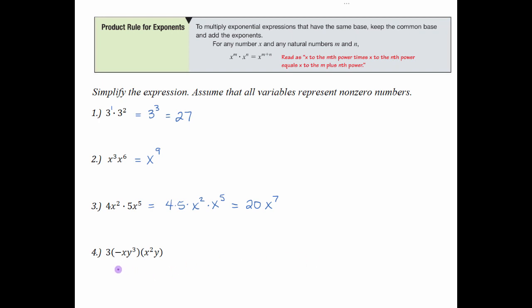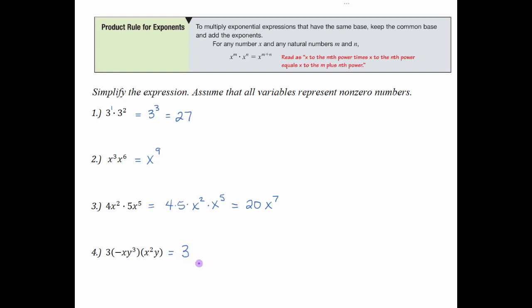In our fourth example, I have 2 exponential expressions in these parentheses, and they're being multiplied together. So we can rearrange this if we wanted to, or you can just think about it. Let's go ahead and explicitly write it out like we did in the problem before. The 3 is just hanging out in front.